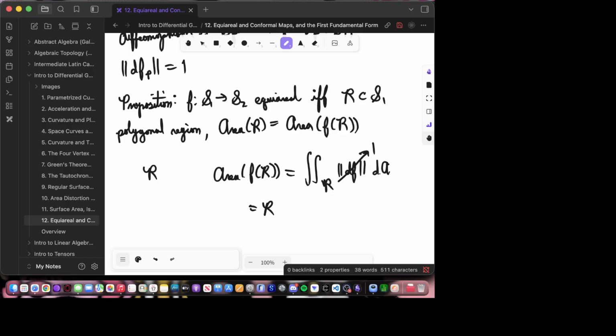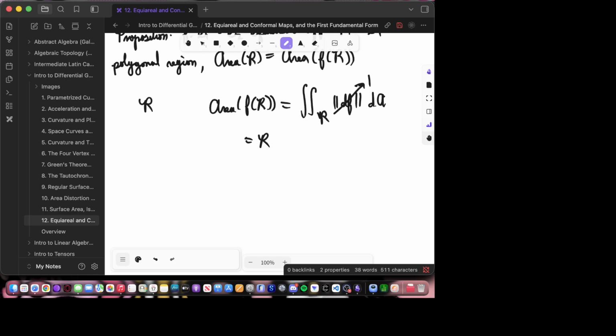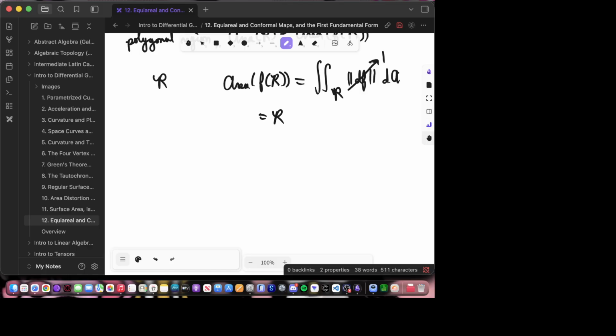So now let's discuss an equiareal map that came from the famous mathematician Archimedes, actually.